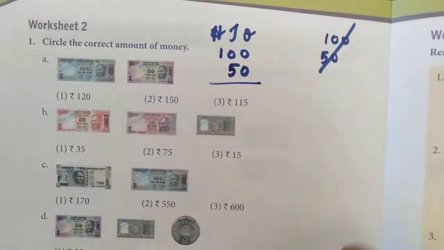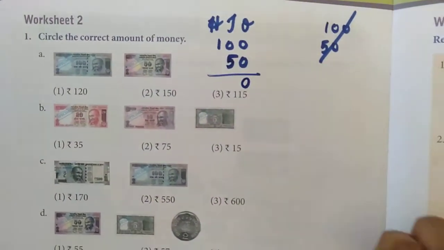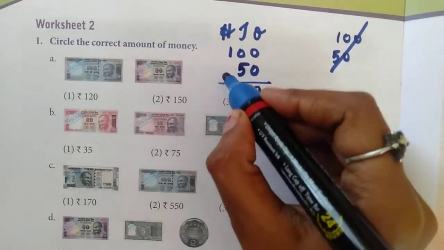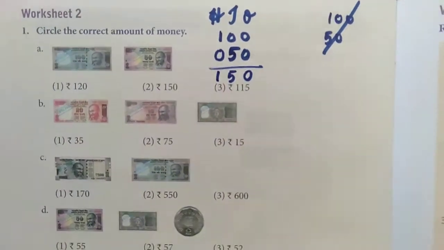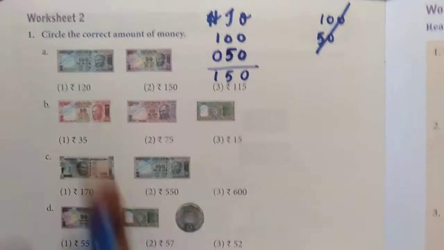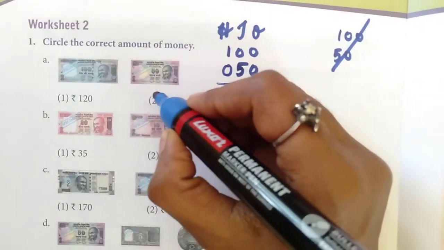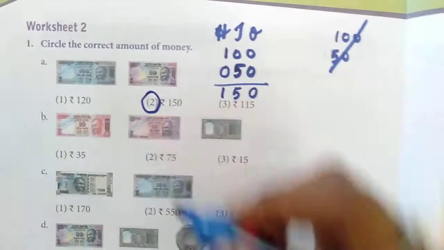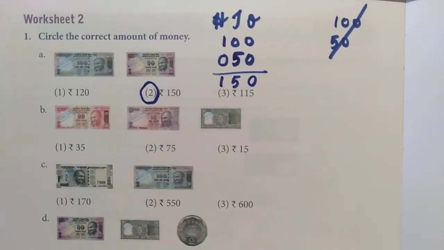Then you have to add 0 plus 0, 0. 0 plus 5, 5. Then here also no number, so you have to write 0. So 1 plus 0, 1. So what is the total answer? 150 rupees, right? So 100 plus 50 is equal to how many rupees, ma? 150. So you have to circle the second one. Rupees 150 is the answer.